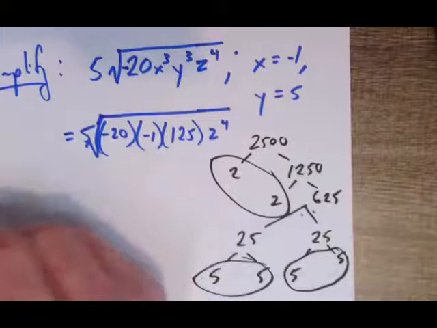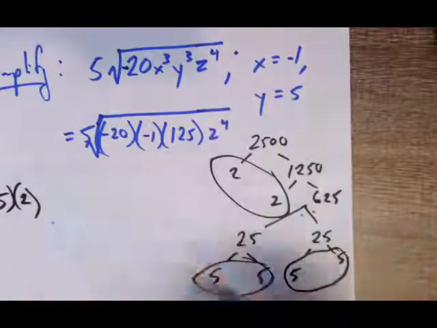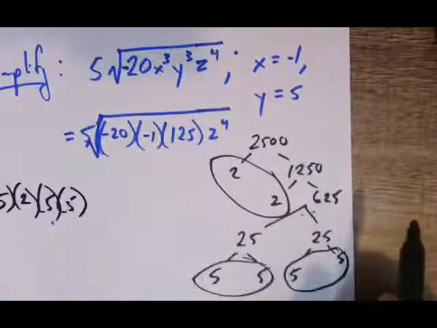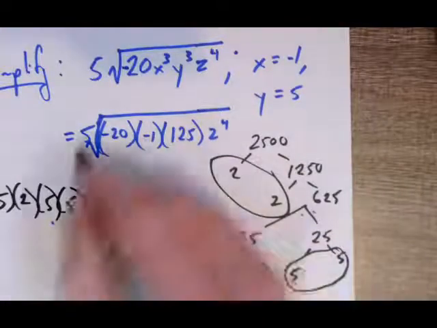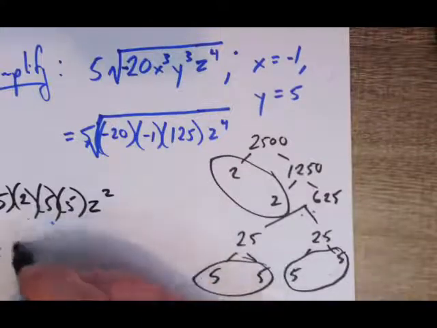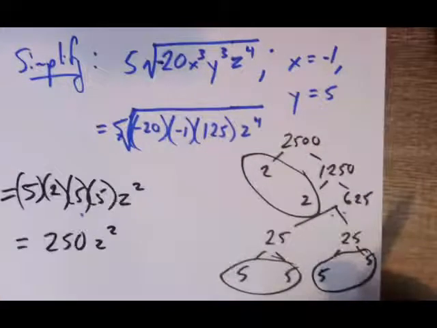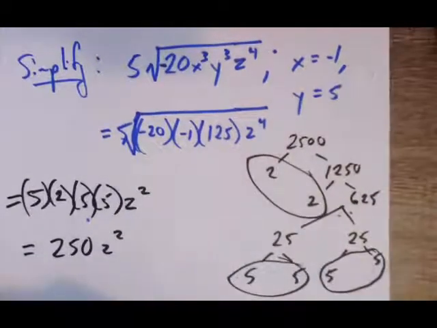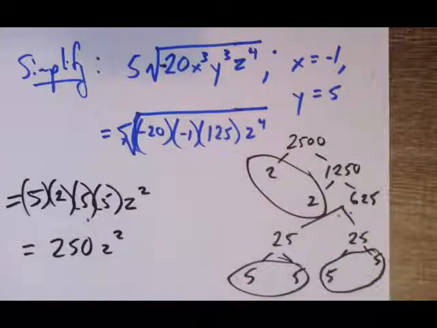We have the 5 in front, so it's 5 times 2 times 5 times 5, z to the 2. There's nothing left in the root. So that's 125, so that's 250 z squared. I have no idea if that's helping, but I'll find out soon, I guess.